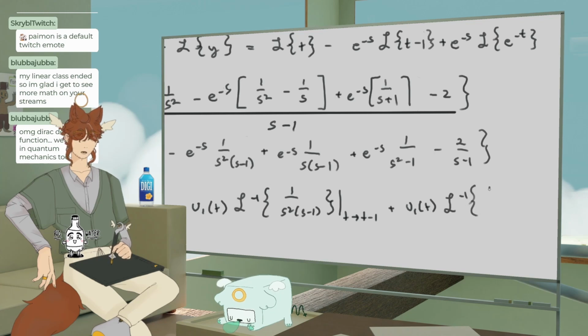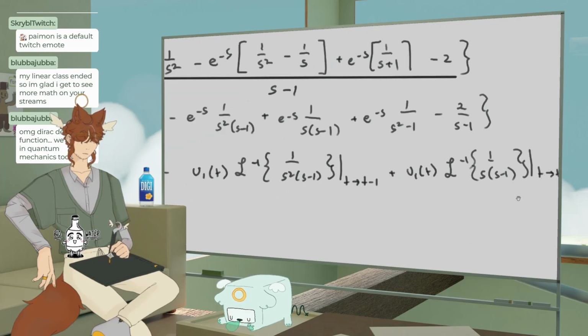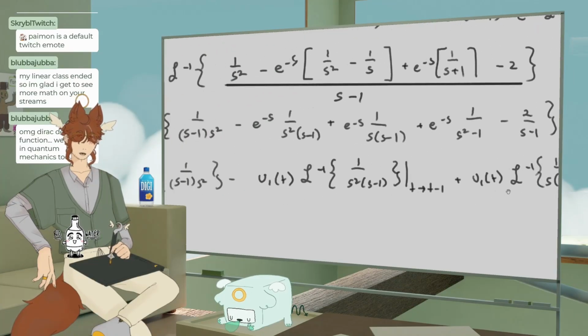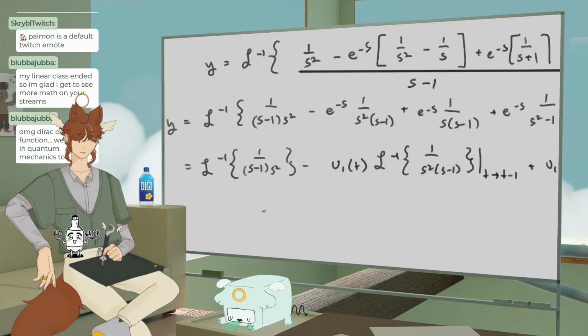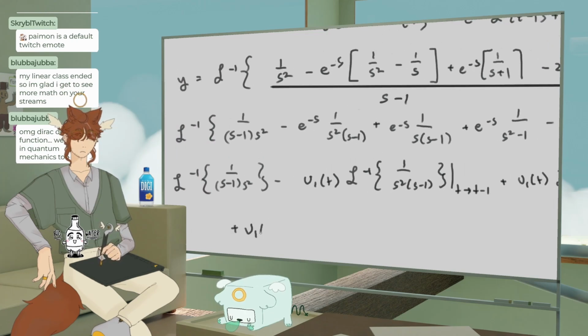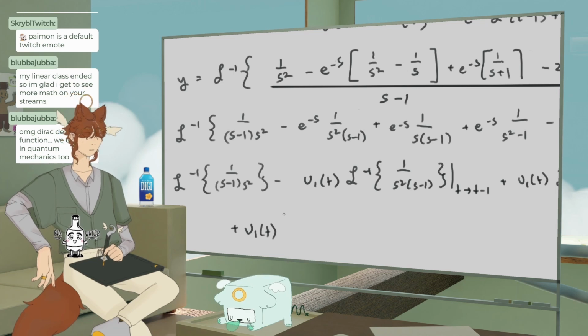Laplace inverse of 1 over s times s minus 1. Oh god, we're running out of room. I tried. And then plus, okay, e to the negative s, so this is a u1 of t times... If it's s squared minus 1... Wait, is that like i?